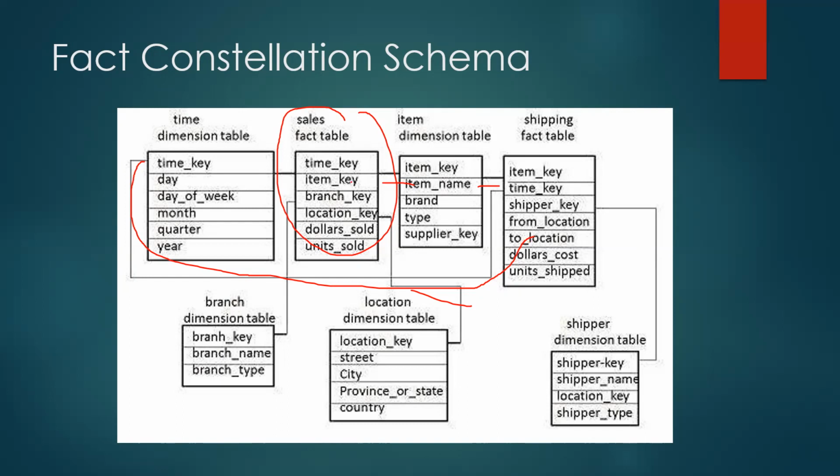But the shipping fact table has five dimensions: your item key, time key, shipper key, and then from location and to location. The shipping fact table also contains two measures, that is dollars and units sold.